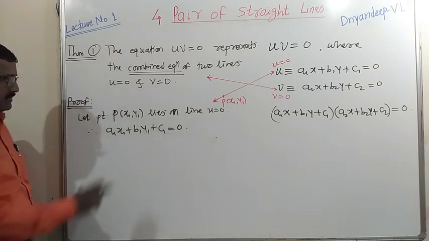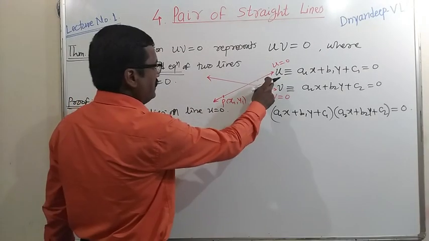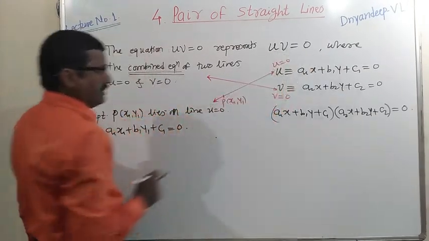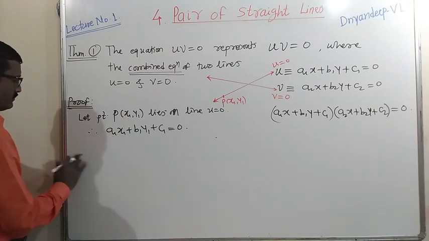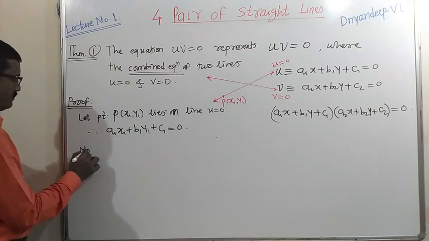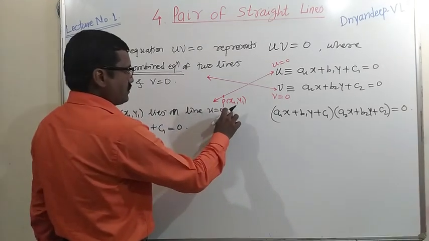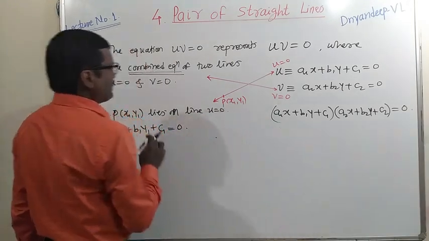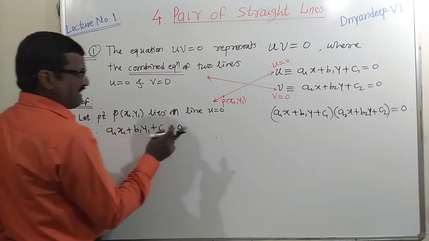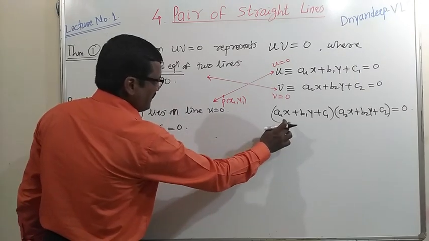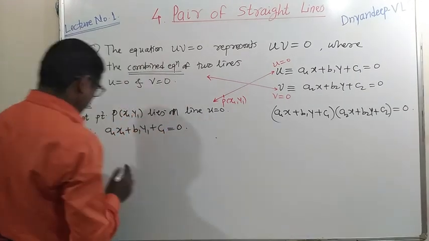Is it correct? Because point P (x1, y1) lies on this line, it satisfies the equation of the line. So we get this result. Now we will show that this point also satisfies this equation, or it also lies on the lines which are represented by this equation.